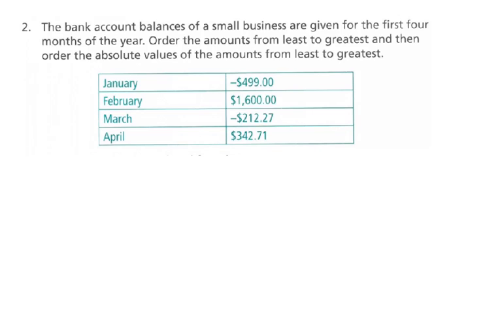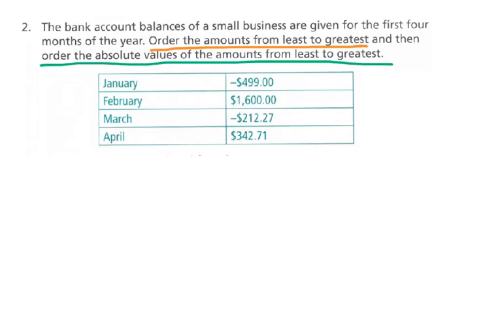This word problem has two parts. First, they want us to order the amounts from least to greatest, so we're putting them in order from smallest to biggest. Then they want us to order the absolute values from least to greatest. So first, we're just putting the numbers they give us in order. Then we're putting them in order by the absolute value.